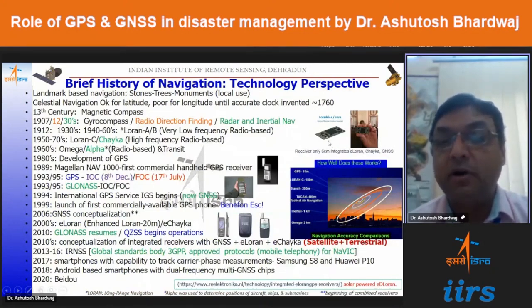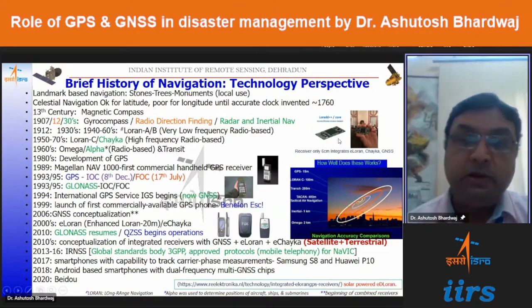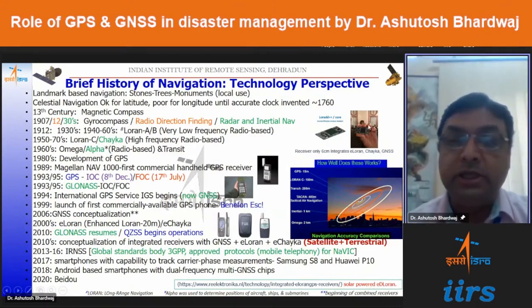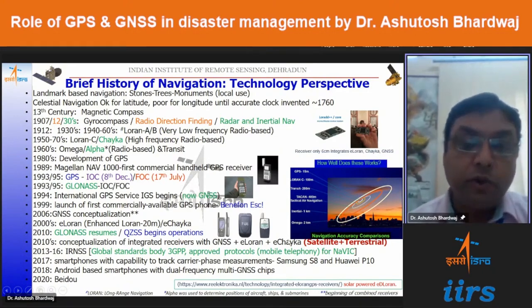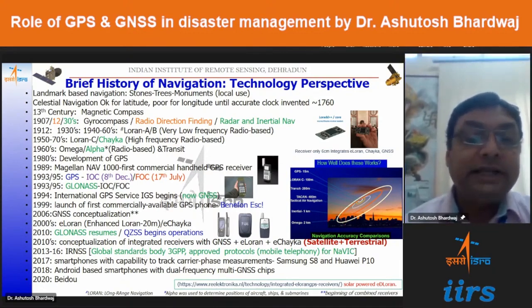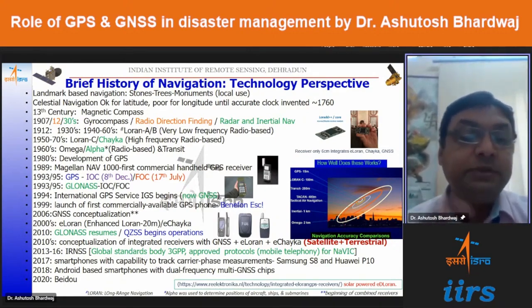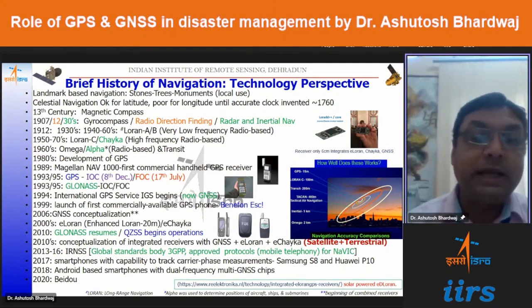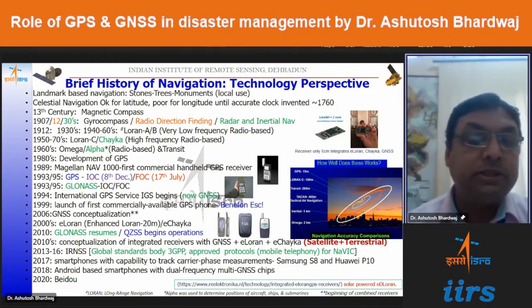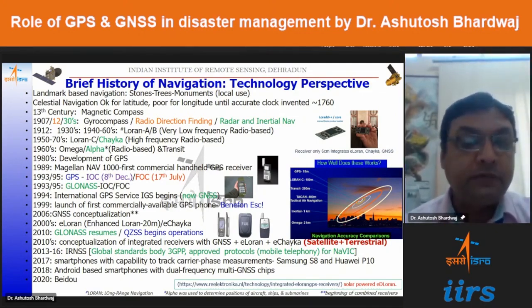It's a 6 centimeter long chip actually, quite small as you can see, and this kind of service is available in Europe and some other parts of the globe, where they get satellite-based as well as terrestrial-based navigation services together in the same system. So they need not carry two systems, they get both services in a single system.